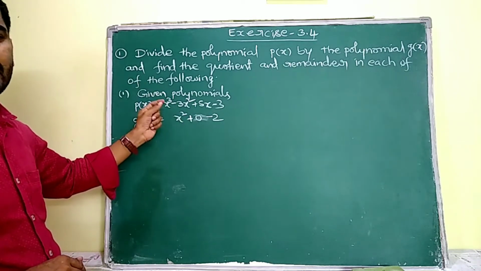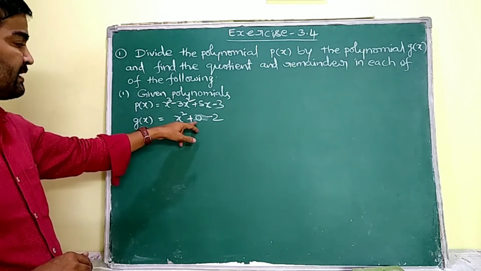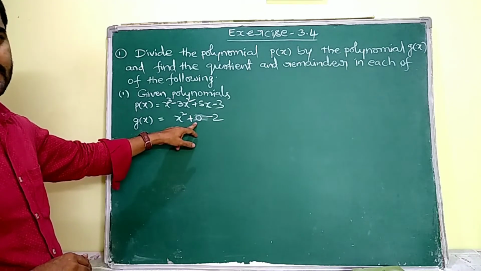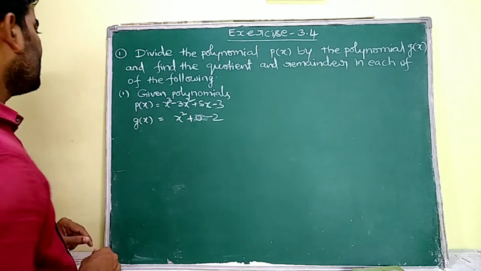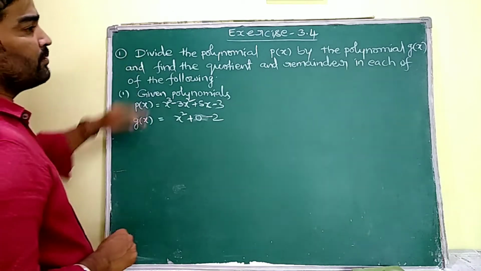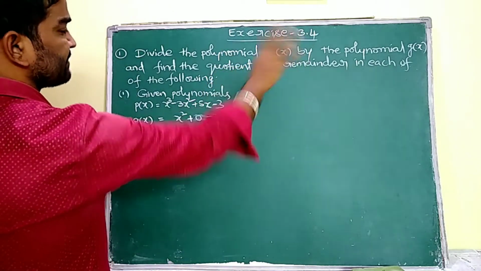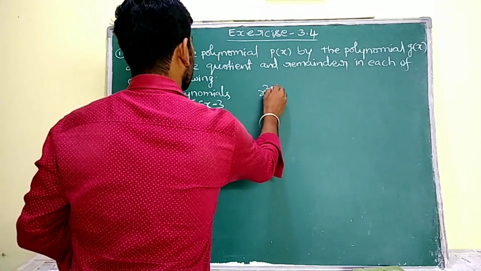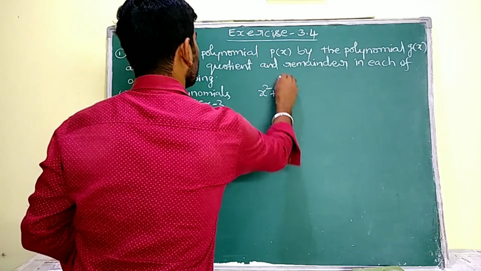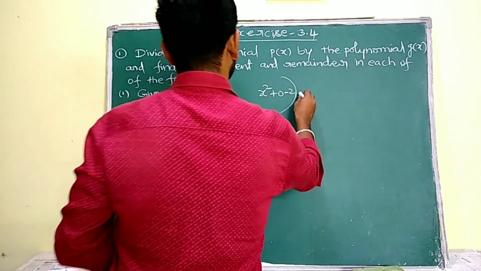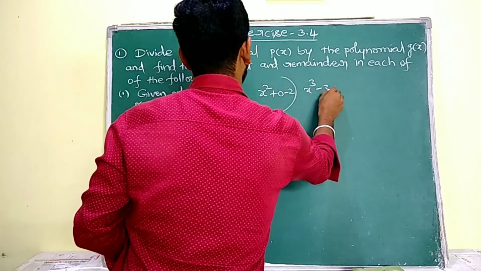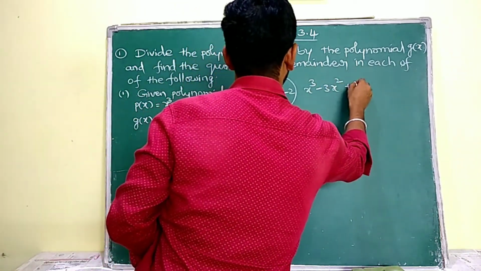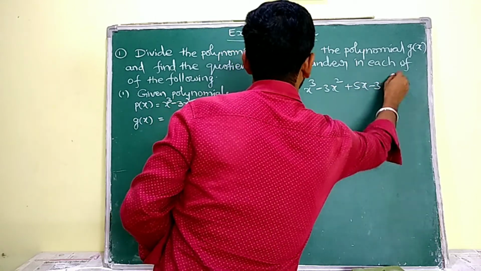In the given polynomial the x term is missing, so in the place of that x term I am going to write 0. According to the problem I have to divide p of x by g of x, so I am going to do the same. x square plus 0 minus 2 is going to divide x cube minus 3x square plus 5x minus 3.